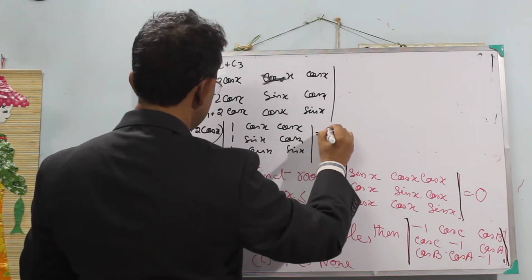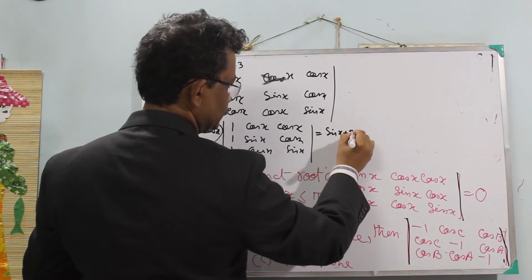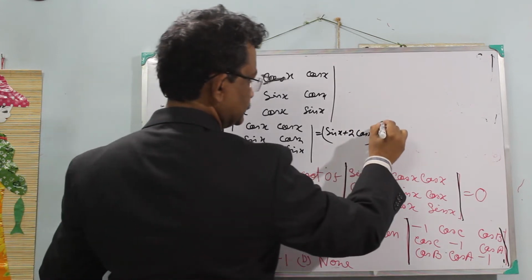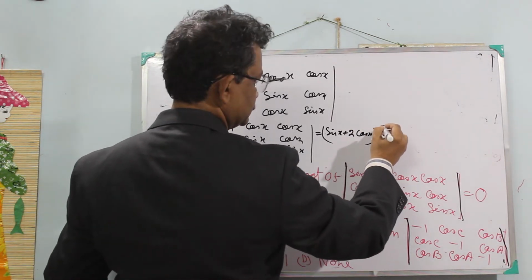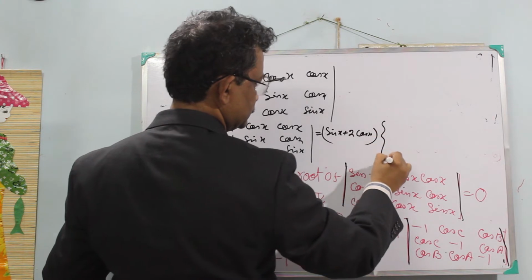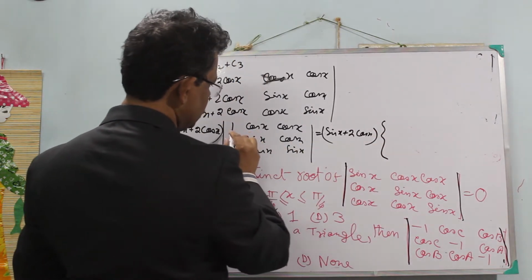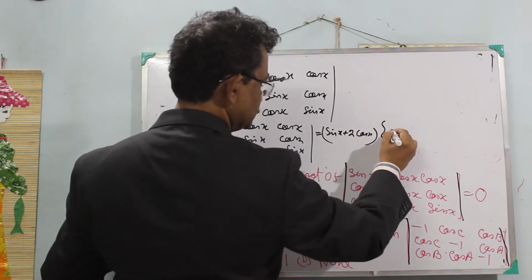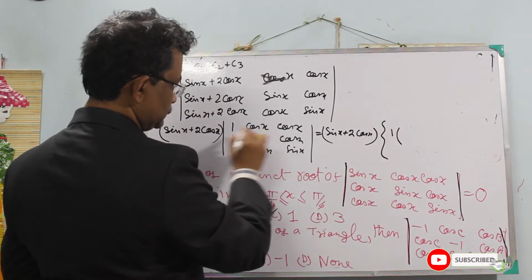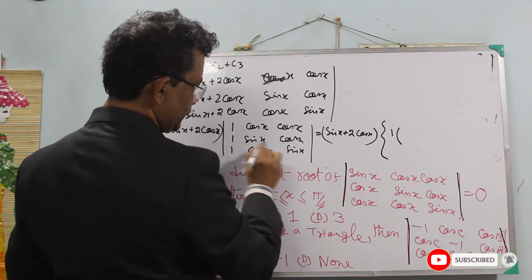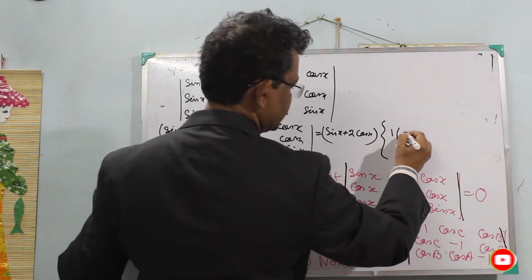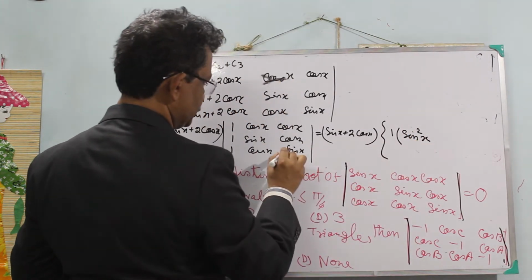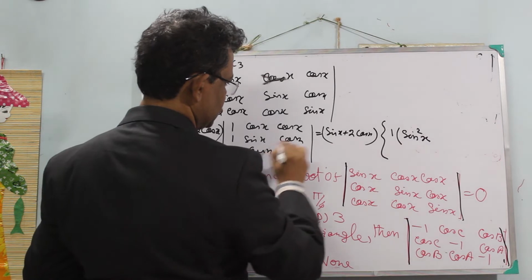This equals sin x plus 2 cos x into 1 into sin square x minus cos square x, sin square x minus cos square x.